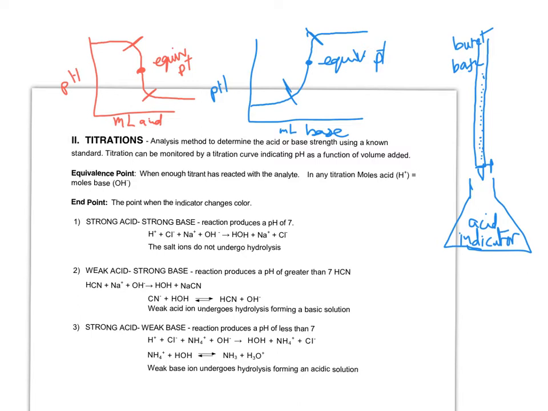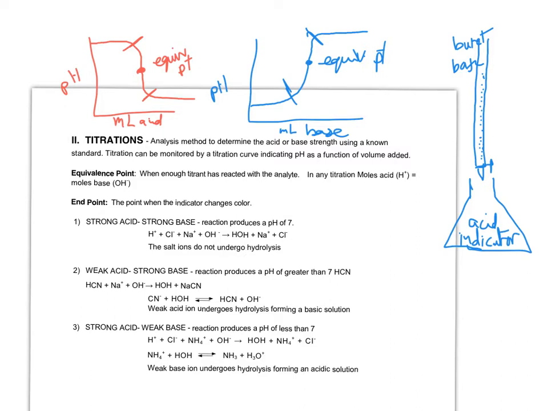However, because the equivalence point happens in the middle of this really steep sloped line here, it's almost vertical, right? And so if you pick an indicator that turns at a pH anywhere close to it, then that's okay.